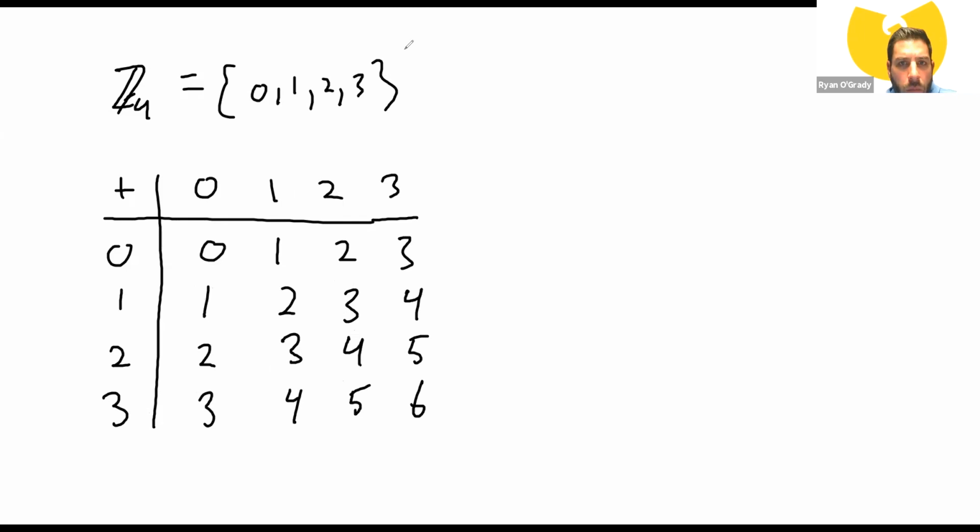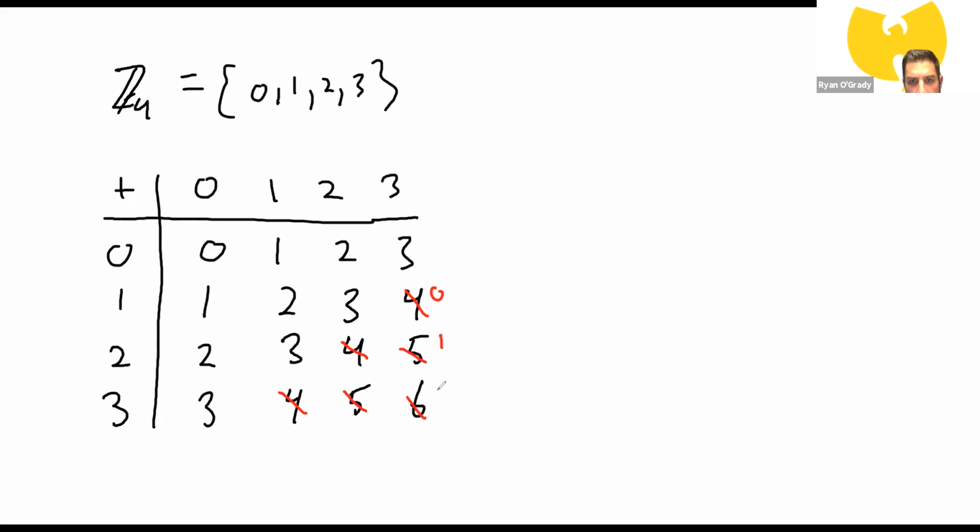So here's the thing. What we have to understand is these numbers are not in our set. But these numbers are congruent to something mod 4. What are they? Well, this is 0. This is 1.